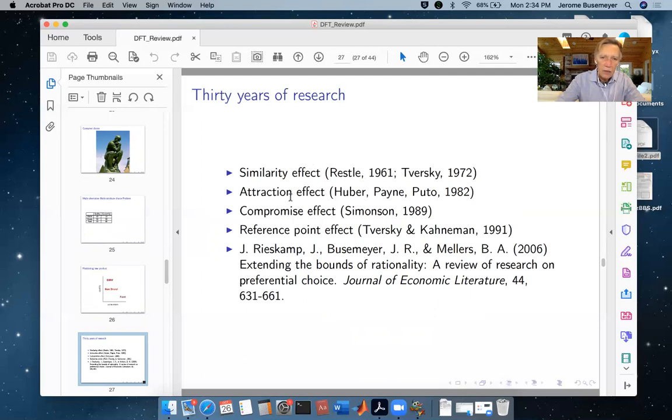Later there was an attraction effect discovered in the 1980s by Huber, Payne, and Puto. Then Simonson discovered the compromise effect, and later Tversky and Kahneman discovered a reference point effect. All of this literature is reviewed in this article we published in the Journal of Economic Literature, 2006. So let's take a look at these effects.